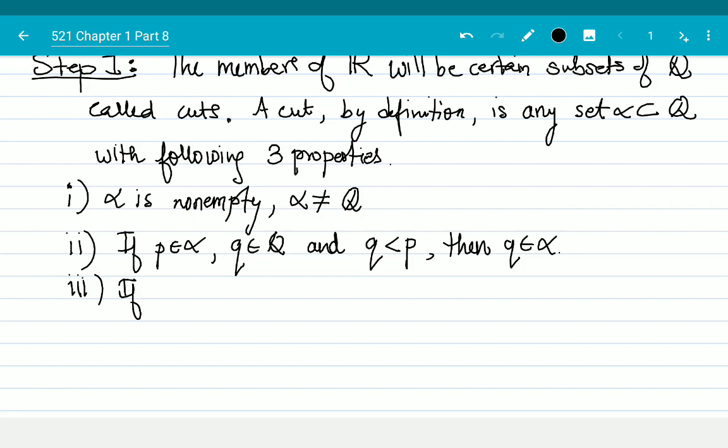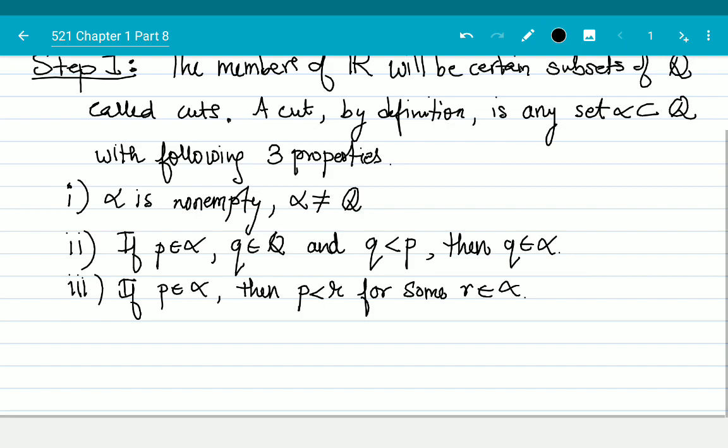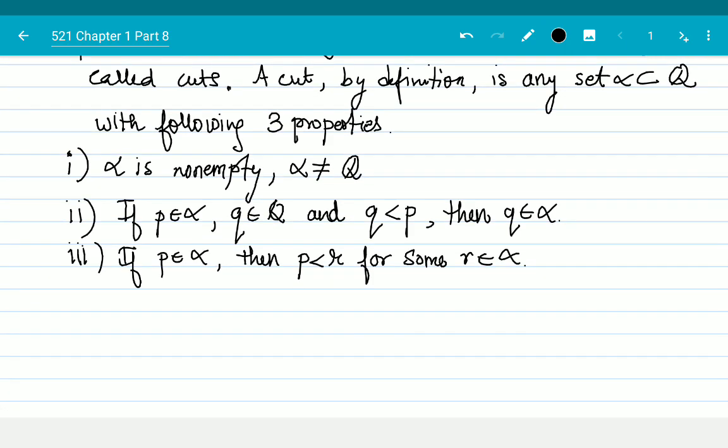And third, if P belongs to alpha, then P is smaller than r for some r in alpha. So more or less everything is an open interval. You're looking at open intervals, not closed intervals, in terms of the mental picture.